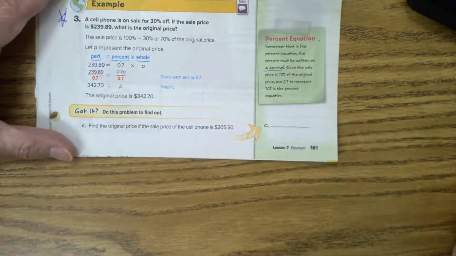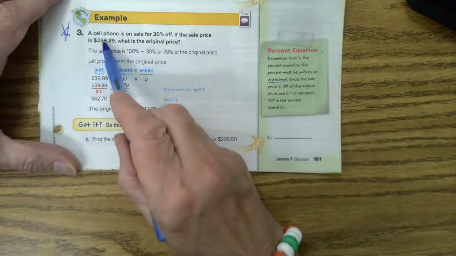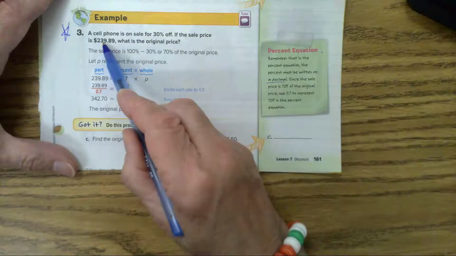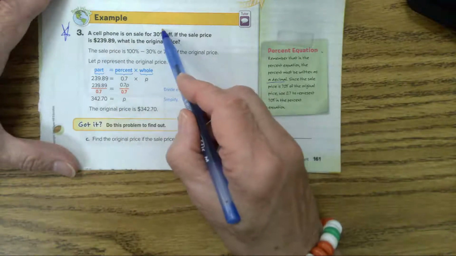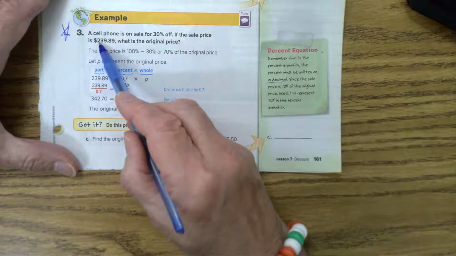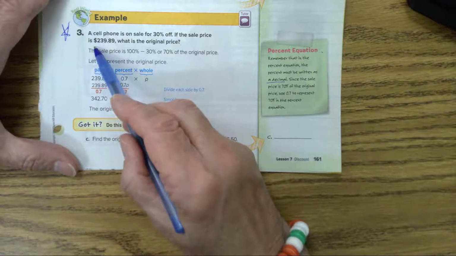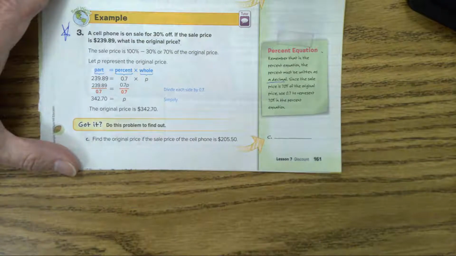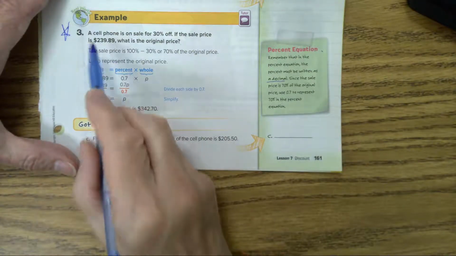Did they say how much you were going to save? No, you're saving 30%. So this is the 70%, because they subtracted the 30% from the original. That's how you know this is 70%.